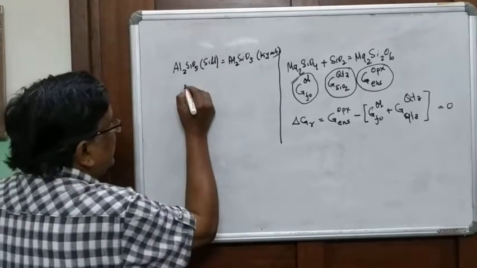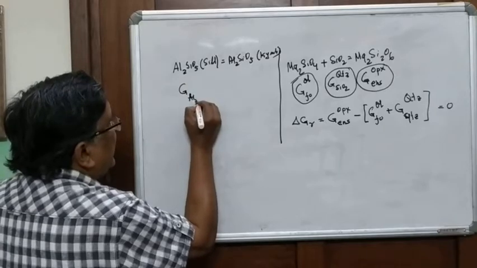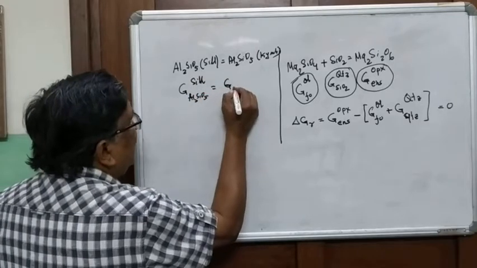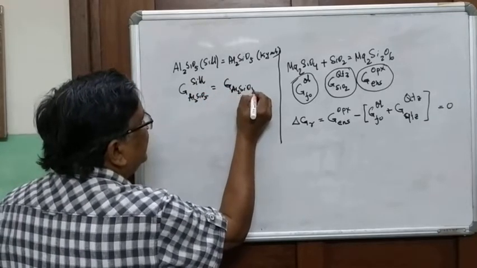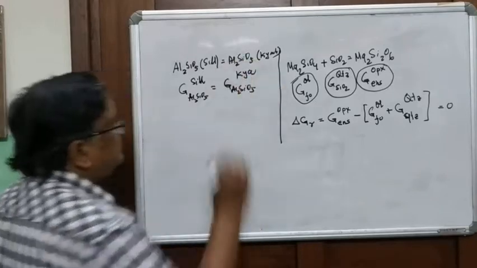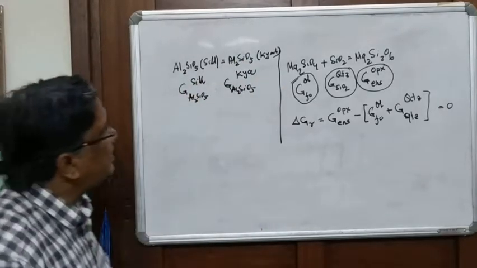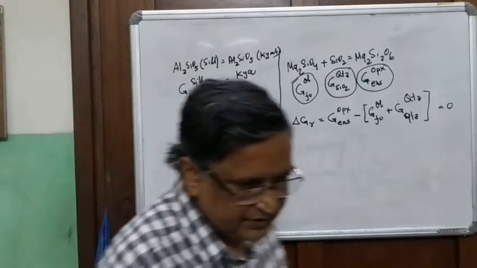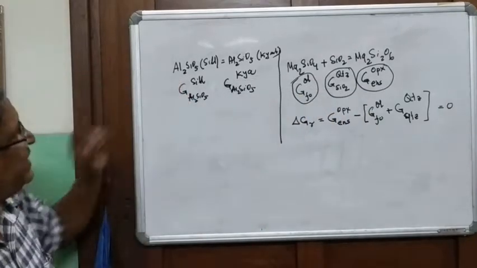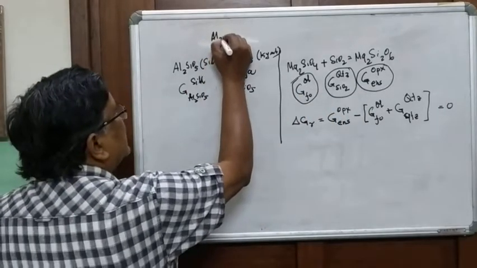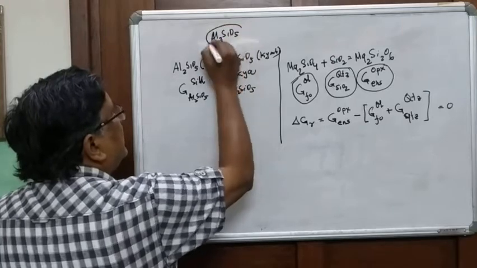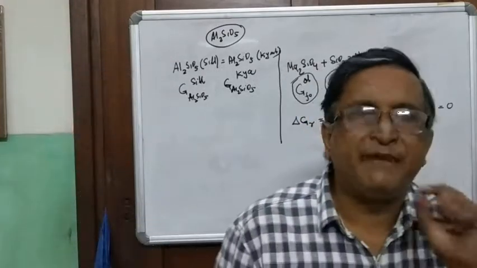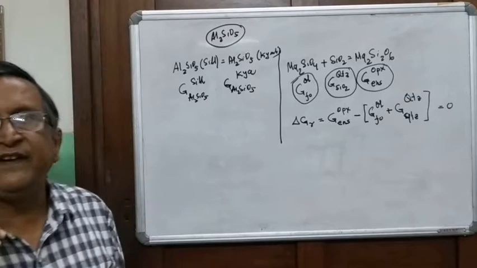So for this you have G of Al2SiO5 in sillimanite and G of Al2SiO5 in kyanite, which are not equal. Kyanite has a free energy and sillimanite has a different free energy. Now if we take only this as a pure Al2SiO5 system, then G, as I told you, is a function of temperature.